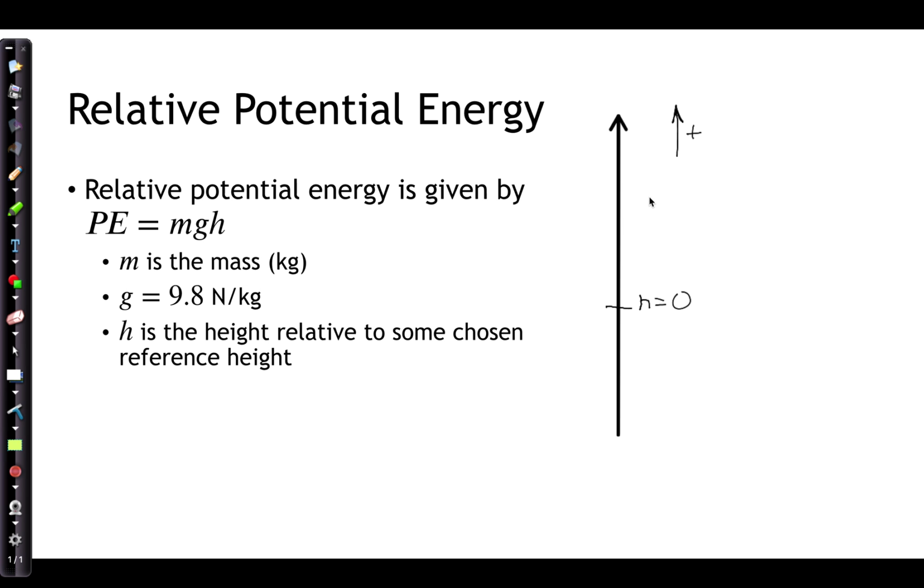And then what this means is that if you have an object above the h equals 0, here, let's see, we have some mass here, we'll call that m1. And if this object m1 here is above the h equals 0, this is called the reference height, by the way. Reference height.